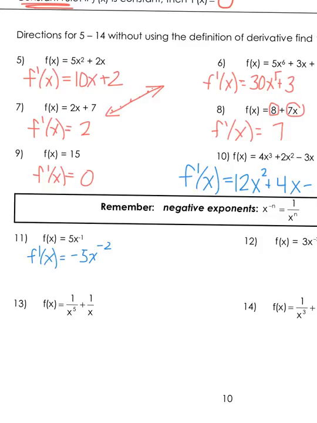So after we find the derivative, it's important to use the notation. This is regular f of x, now I have the derivative, and then I'm going to rewrite my answer. Negative 5 over x squared.